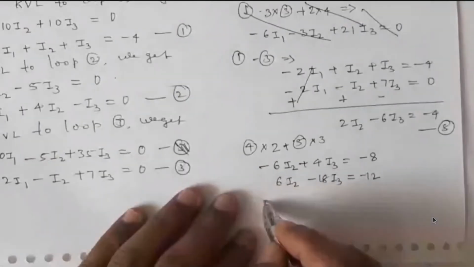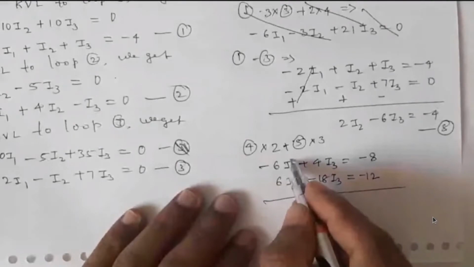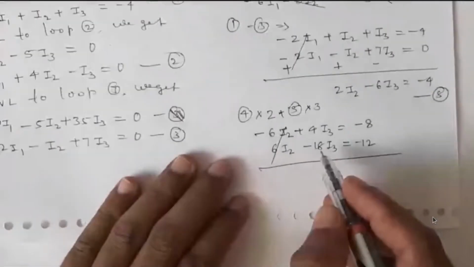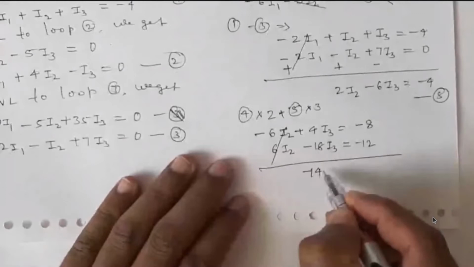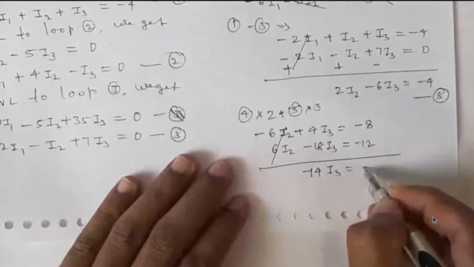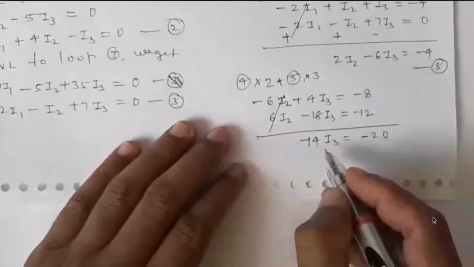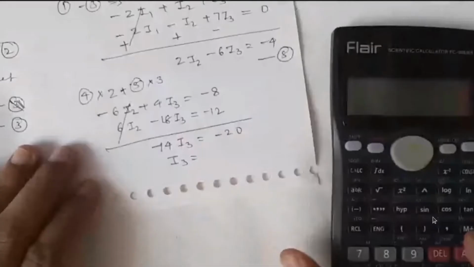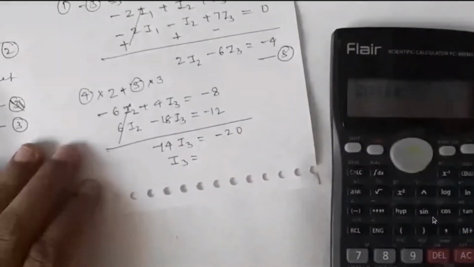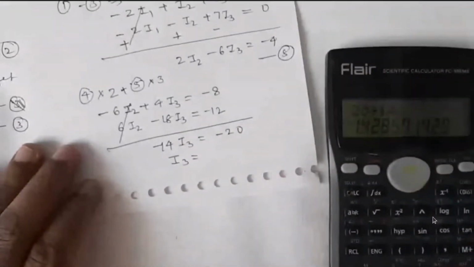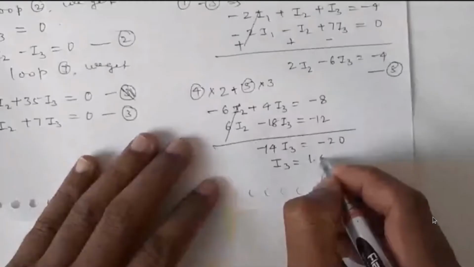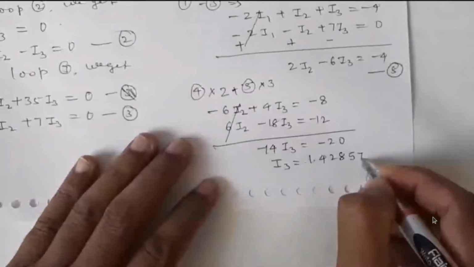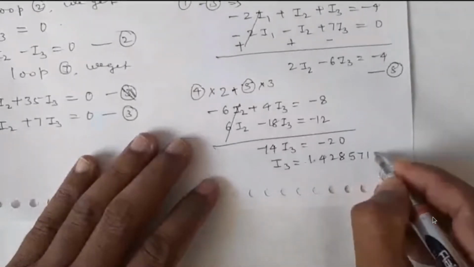So if I add up, these two will get cancelled, and this one is minus 14 I3 is equal to minus 20, right? And how much is I3? I3 is equal to 20 by 14, which is 1.428571 ampere. That is your I3.